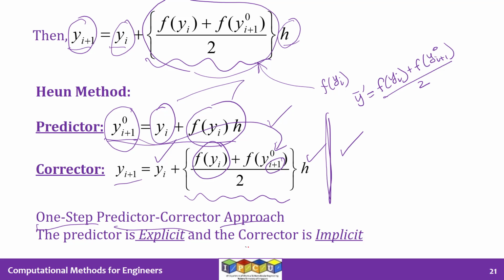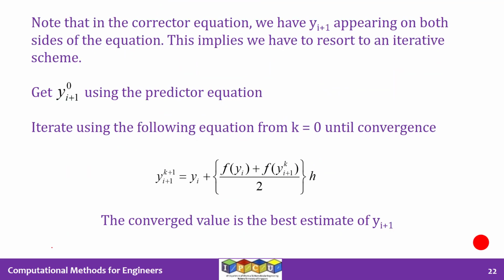But why does it say here that the corrector is implicit? The reason is because the corrector equation can be written like this. It is exactly the corrector equation that we wrote earlier, except we have introduced superscript k plus 1 here, and we have introduced superscript k here.